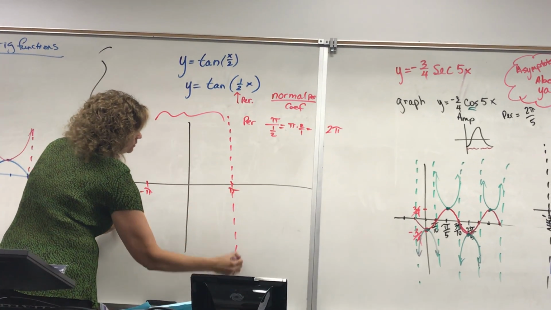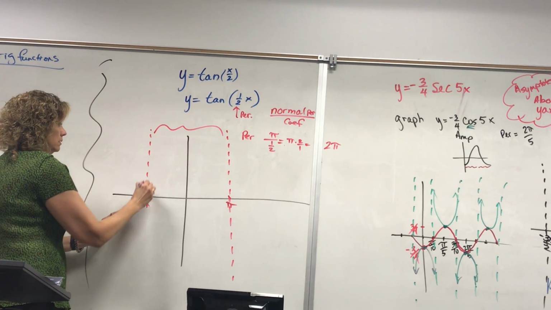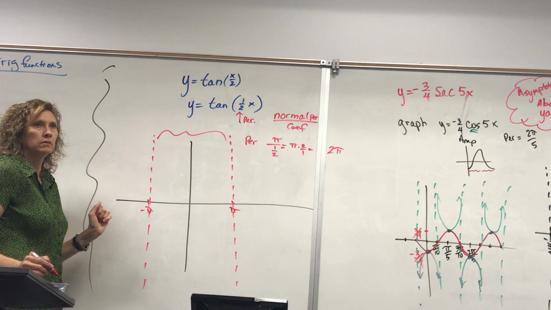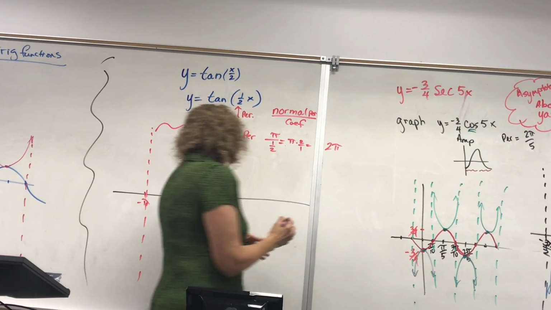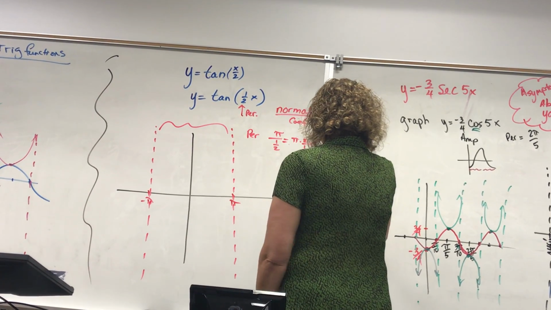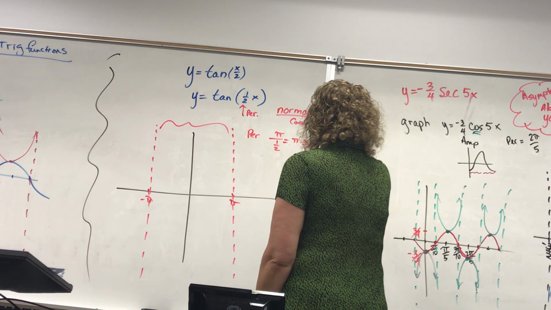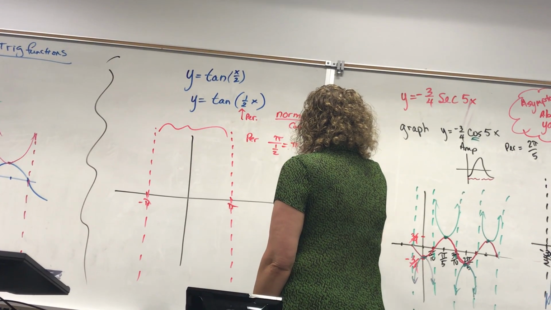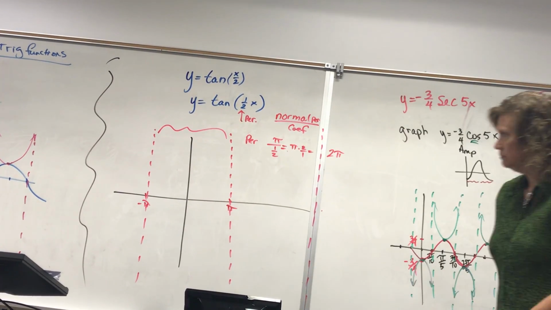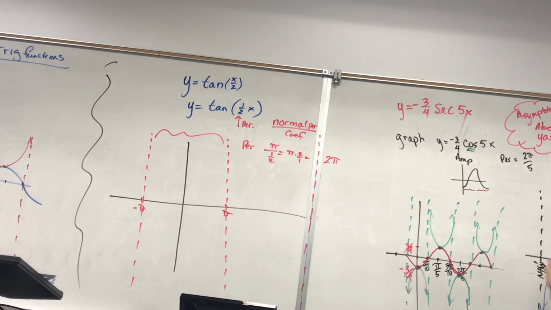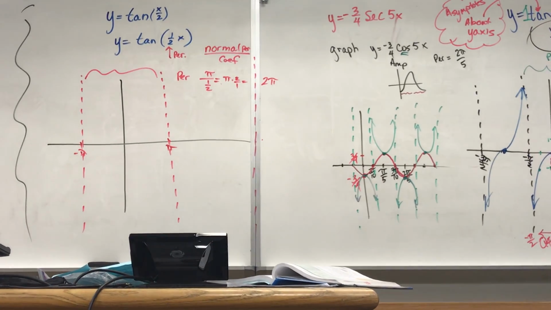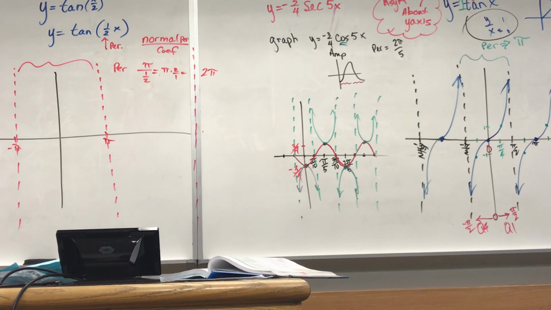And we're going to have an asymptote, and let's just go another, it's going to be right on this silver thing. All right, what happens in a tangent graph right smack dab between the two asymptotes?